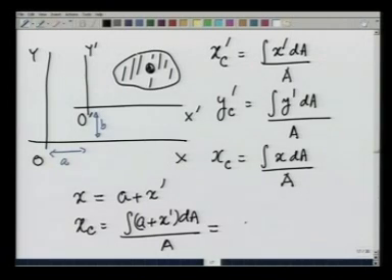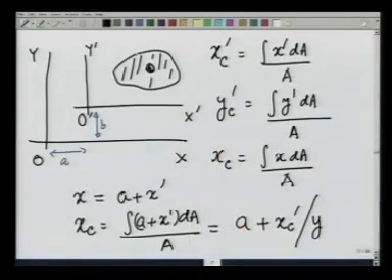So, this will come out to be a plus the integral of x prime dA over the area, which is nothing but a plus xc prime. So, you see, if I calculate the centroid with respect to a shifted coordinate system, the centroid shifts by the appropriate amount, so that it remains at the same point in the body. And similarly, you can show that yc will be equal to b plus yc prime, which I leave as an exercise for you.